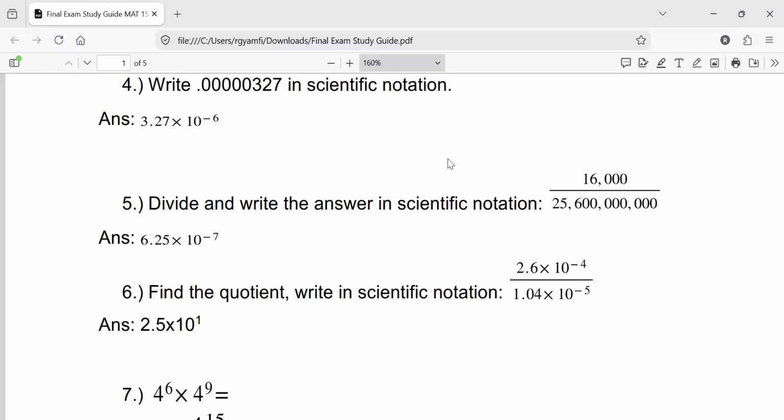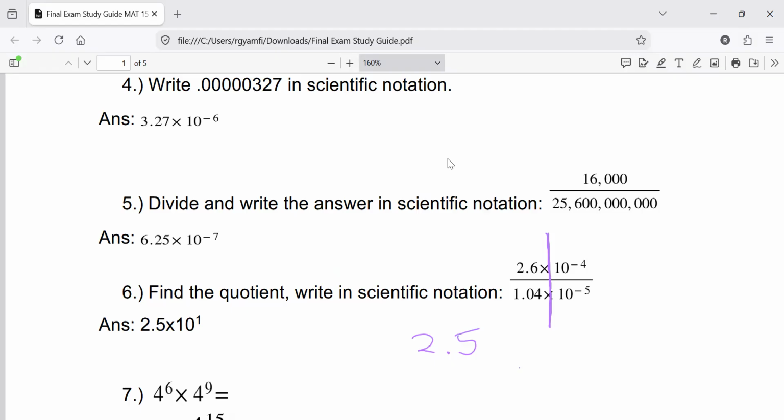Okay. So with this one, again, you can divide these into 2 and deal with the numbers first. 2.6 divided by 1.04. So if you put that in a calculator, 2.6 divided by 1.04, that gives you 2.5. Wow, which is good because 2.5 is in scientific notation.